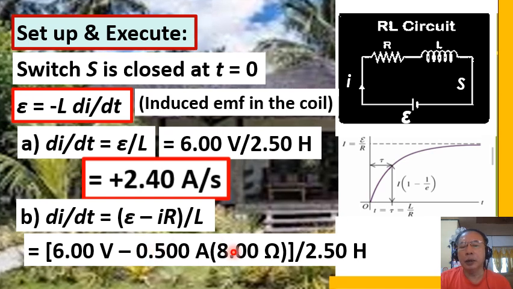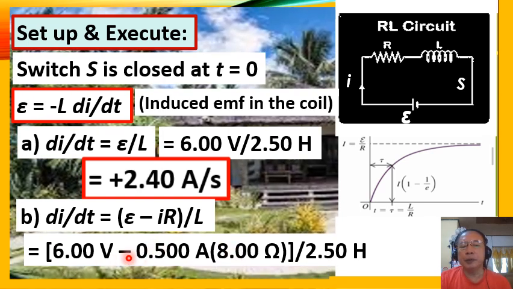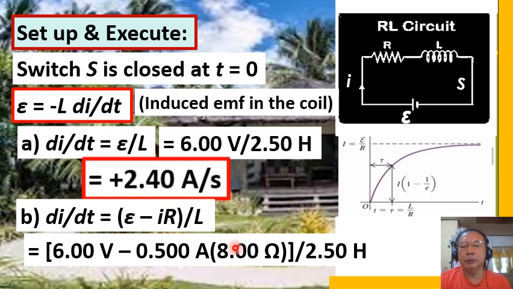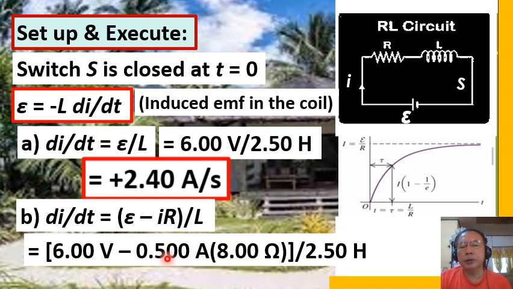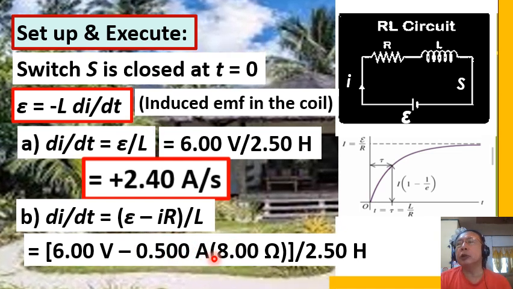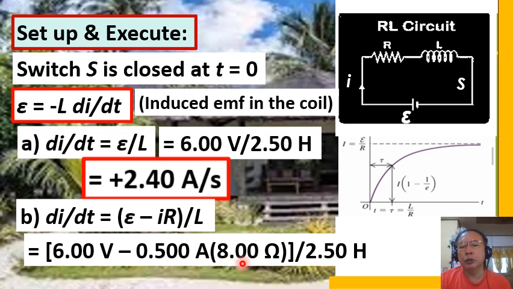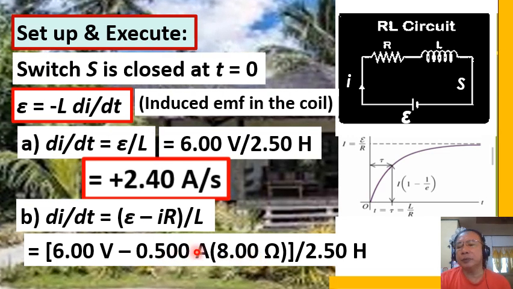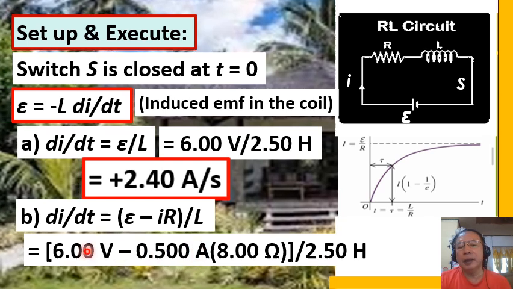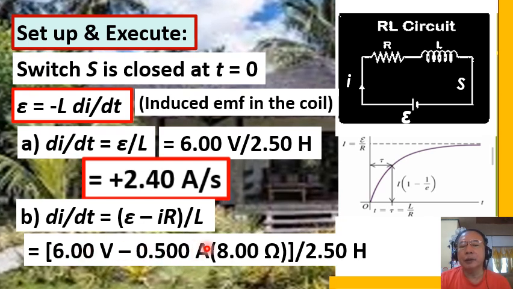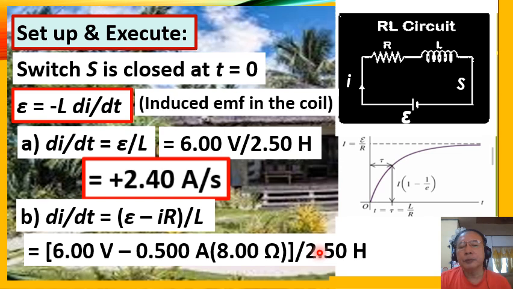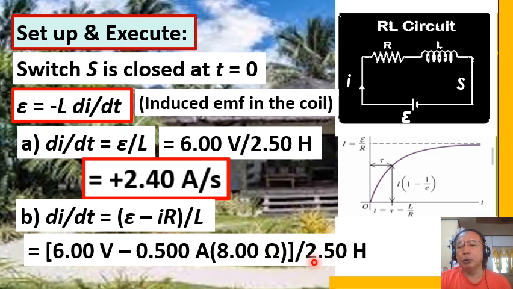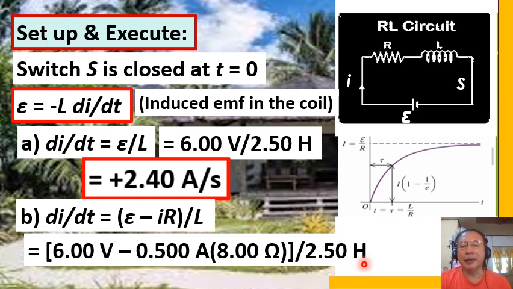So, before subtracting the value of 0.500 ampere, we have to multiply it first by the value of the big R, after which it will be subtracted from the value of the EMF, and then they will be divided by 2.50 Henry.